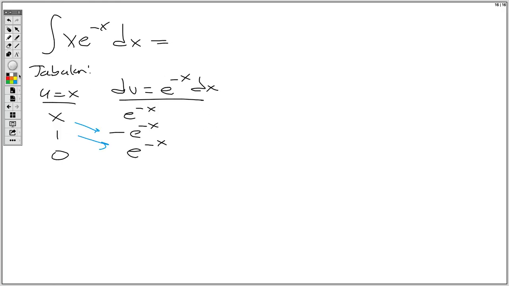So I've got plus 1 and minus 1 here. So I've got a minus x e to the minus x minus e to the minus x plus c. So that's my antiderivative. Now I'll plug it into my limits.